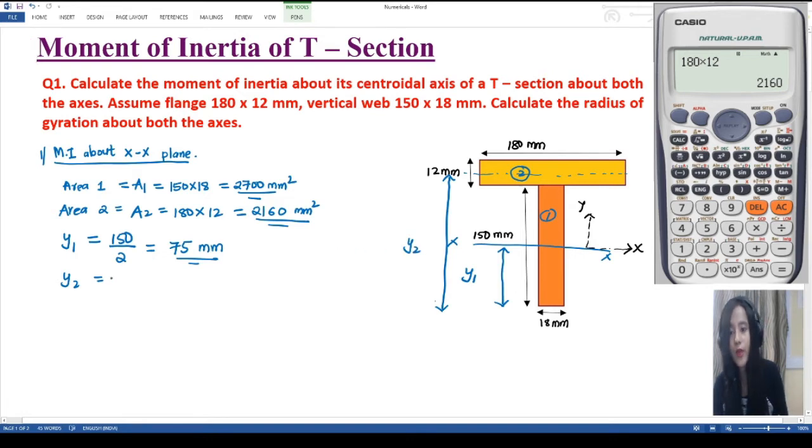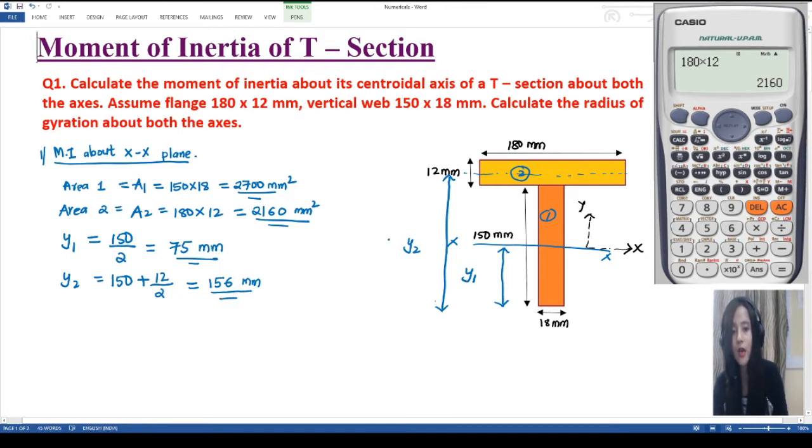So to find y2, I have to add the whole depth of the web, which is 150, plus half the depth of my second section or the flange portion, that is 12 by 2. So 150 plus 6 will be equal to 156 mm. So I found both y1 and y2.